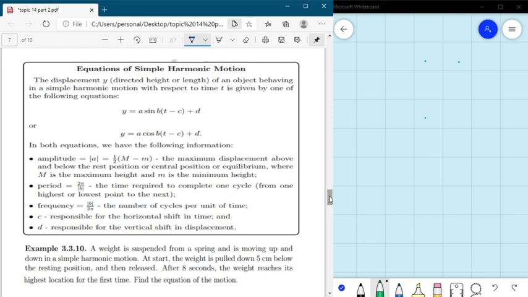It is the time required to complete one cycle from one highest or lowest point to the next. Frequency is the absolute value of b over 2 pi. It's the number of cycles per unit of time. And C is responsible for the horizontal shift in time, and D is responsible for the vertical shift in displacement.